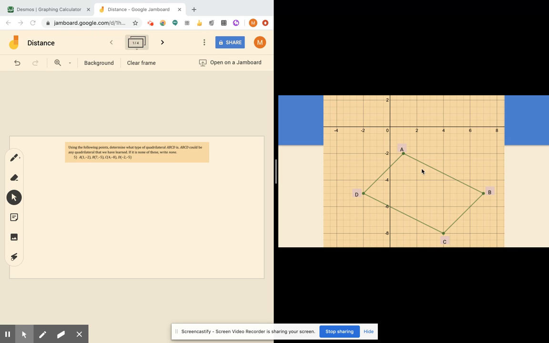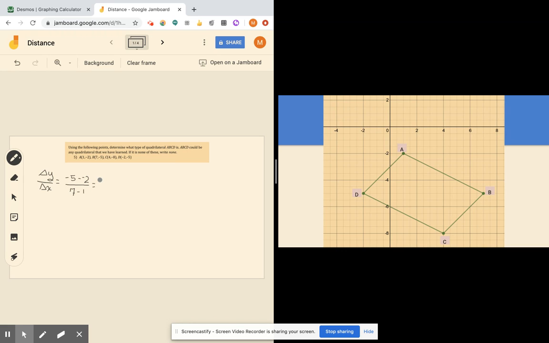We can start off with AB and find the distance between A and B. So we find the length, but we can also find the slope of AB. Let's start with the slope, because we know the slope is the change in y over the change in x. First we're looking at A to B. So the change in y is -5 minus -2, over 7 minus 1.